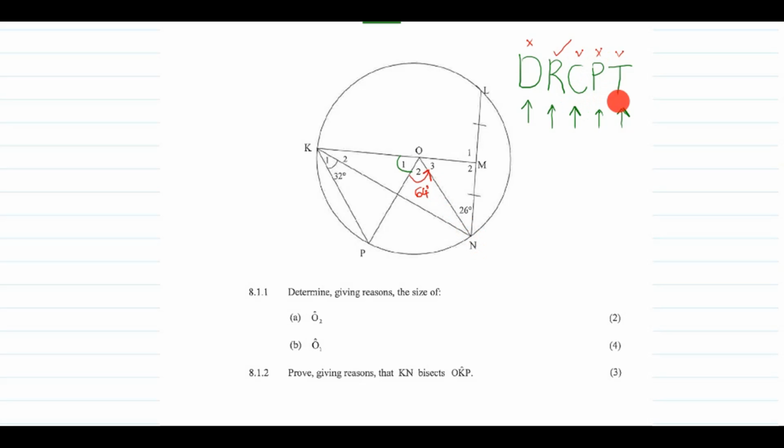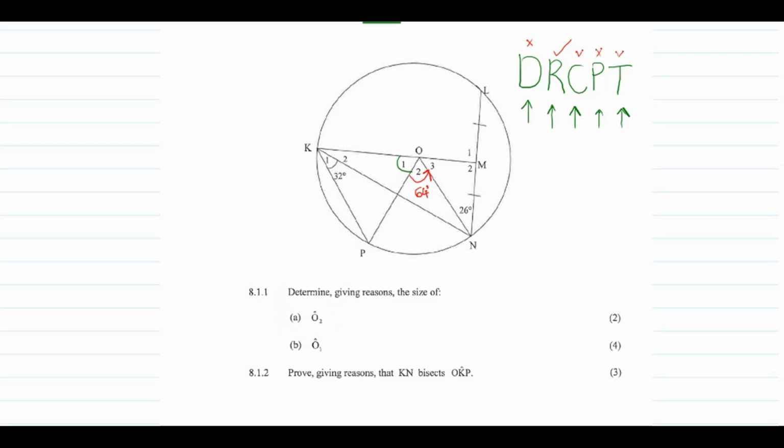Because we've got radii, there are 2 theorems that we need to be aware of. The first is the theorem that talks about the center of a circle and points on the circumference, which we've already dealt with to get our O2.